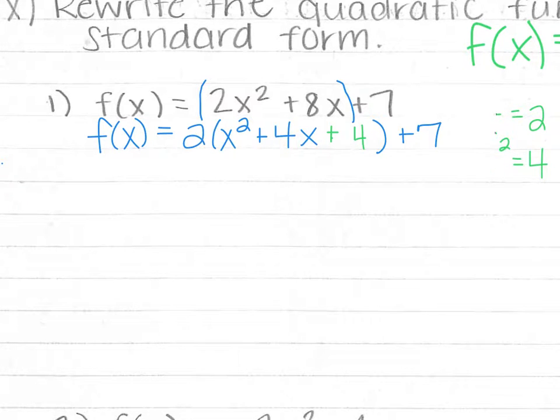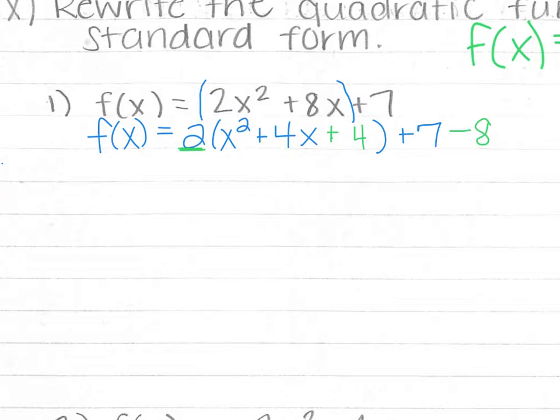We're adding 2 times 4 because of that 2 on the outside. So we need to undo that or subtract 8. And remember, we're subtracting 8 because we're really taking 2 times the 4 that's inside. So we need to subtract 8 because 2 times 4 is 8.